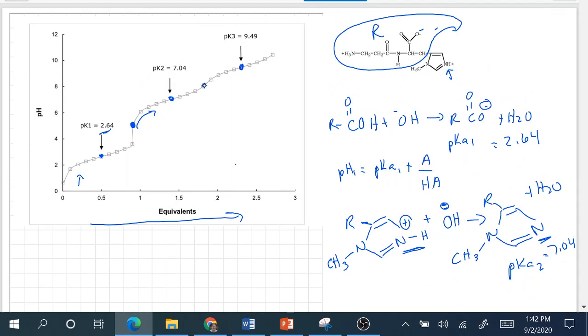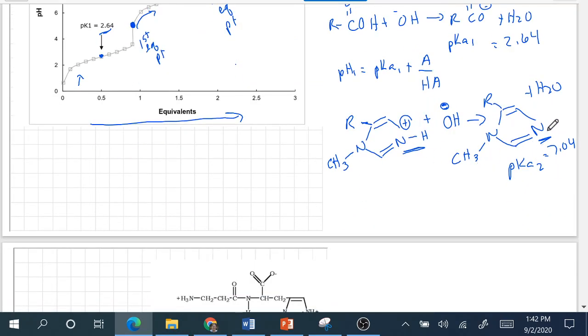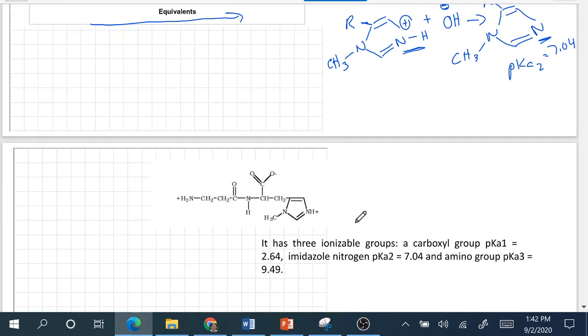And then when we've completely deprotonated all of this nitrogen, we're at this second equivalence point. So here's our first equivalence point. Here's our second equivalence point. And our third equivalence point is going to be up here somewhere. And so once we've deprotonated all of this nitrogen here, then we're going to start deprotonating this amine group.